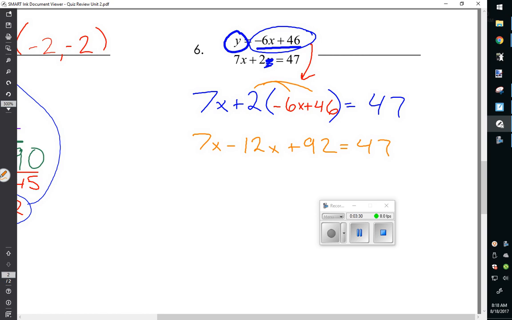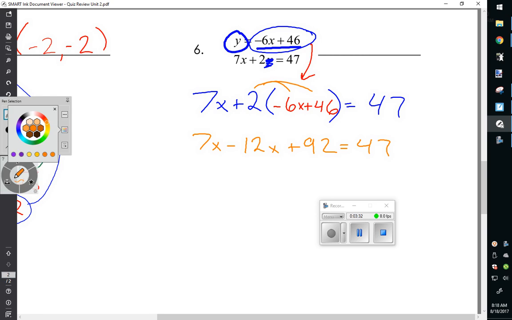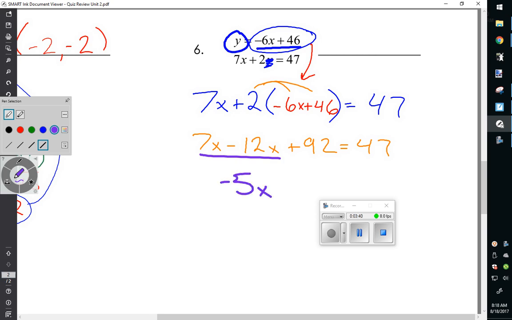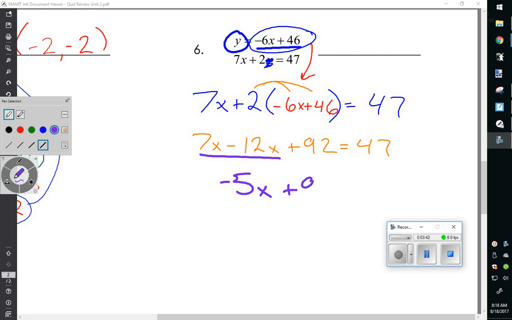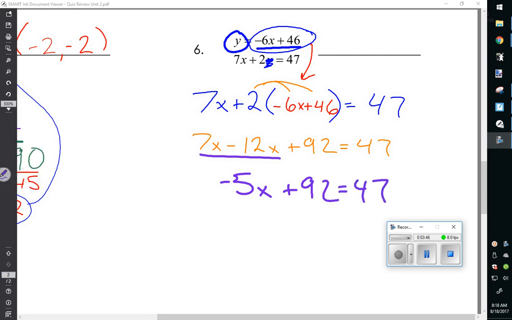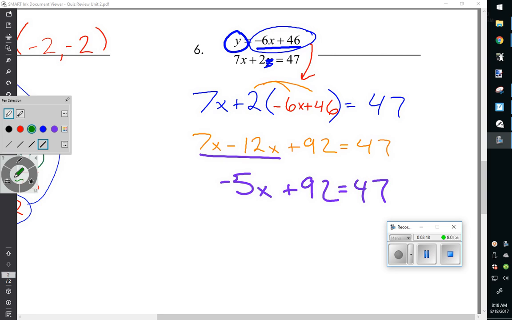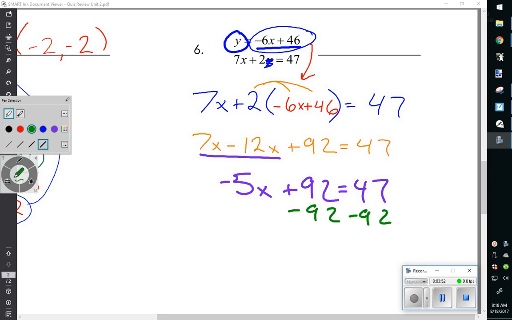I'm going to combine like terms. 7x minus 12x is negative 5x plus 92 equals 47. Minus 92 from both sides. Negative 5x equals negative 45.